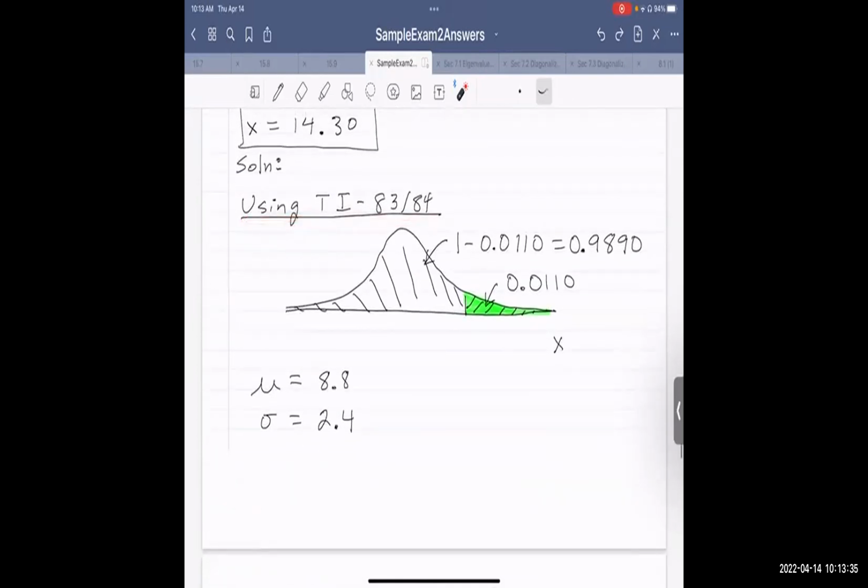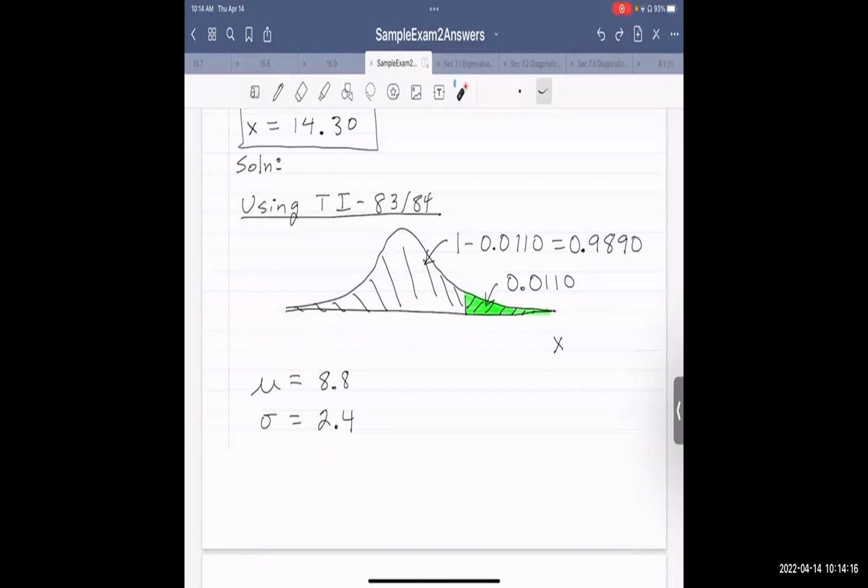Let me use the TI-83, TI-84. So I want to find this area. If you're using the 83, or an older version of the 84, you'll need to calculate 1 minus this to get the area of a left tail. So 0.9890, or with the more modern version of the 84, you can just leave it at that. I have a mean of 8.8 and a standard deviation of 2.4.